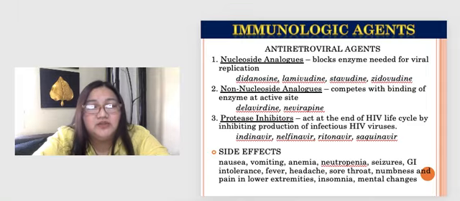Okay? So, ang mga gamot na yan, ito yung side effects: nausea, vomiting, anemia, neutropenia, seizures. So, these side effects are being manifested by patients lalo na at the early course of the treatment. Okay?